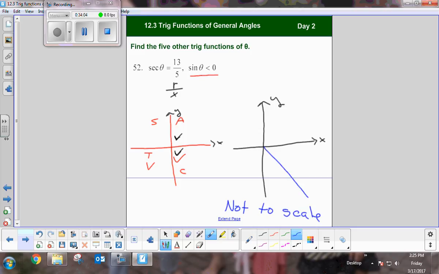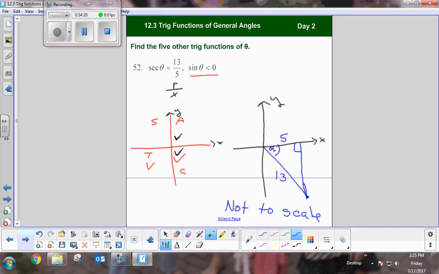Then from someplace on the terminal side up to the x-axis, I complete my triangle. And this is my reference angle right here. And the secant, which is r, everything is in this ratio.